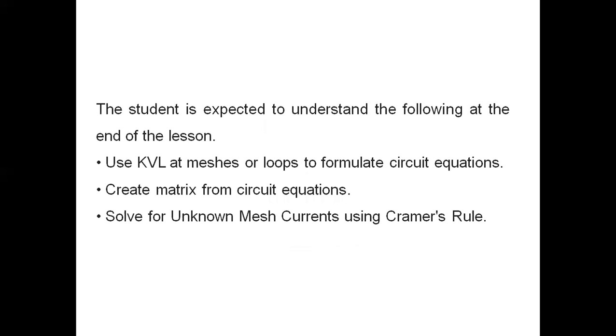Okay, so the student is expected to understand the following at the end of the lesson. Use KVL at meshes or loops to formulate circuit equations. Create a matrix from the circuit equations, first by using KVL at the meshes or loops. You need to formulate the equations, and after finding them, write those equations in matrix form.